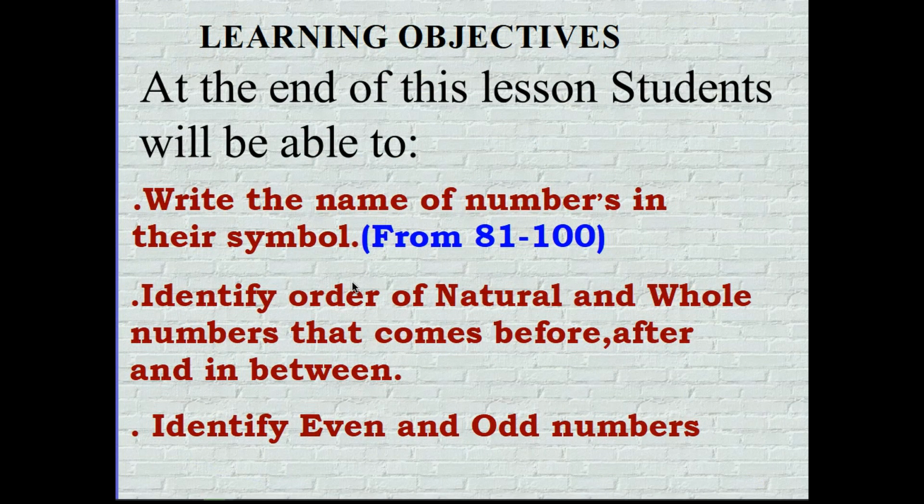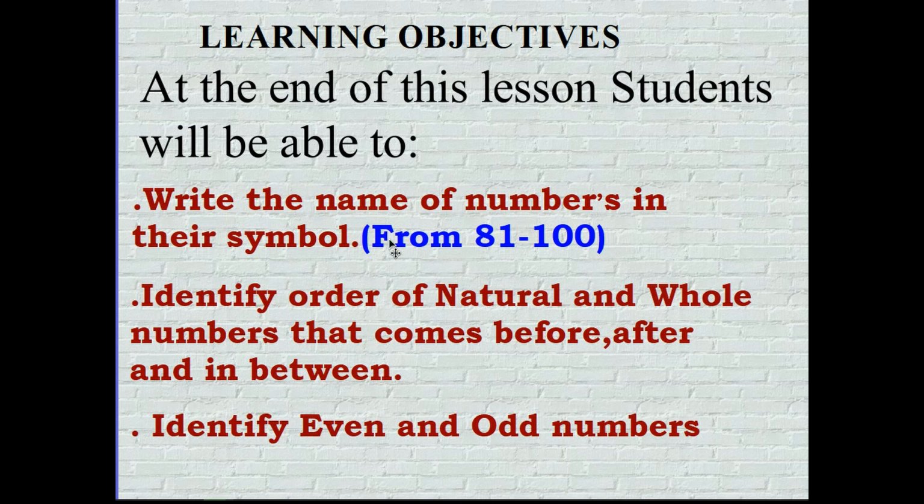Before we start our class, let's see the objectives. At the end of this, you'll be able to write the name of numbers in their symbol from 81 up to 100. The same way that we have seen earlier.